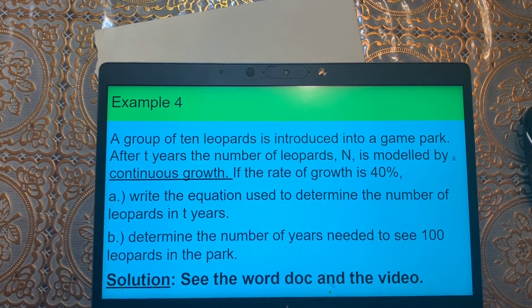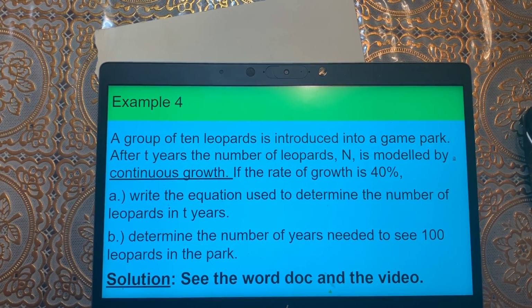The number of leopards, call it n, after 2 years is modeled by continuous growth. If the rate of growth is 40%, write the equation used to determine the number of leopards in t years. Determine the number of years needed to see 100 leopards in the park.